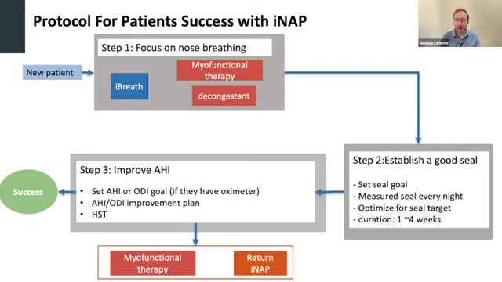And then typically for our patients, what we're doing is sometime between 30 and 90 days, give or take, after starting on their iNAP therapy, we are repeating a home sleep test to get a better gold standard assessment of what is the degree of any obstruction they may still have, what is the clinical grade ODI there, and, depending on the HST, what is the quality of their sleep now that they're utilizing the iNAP therapy as well.